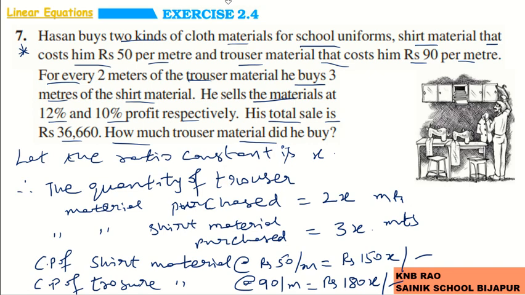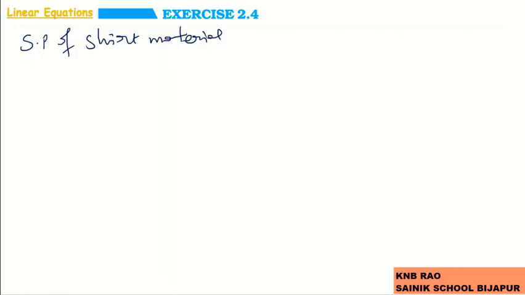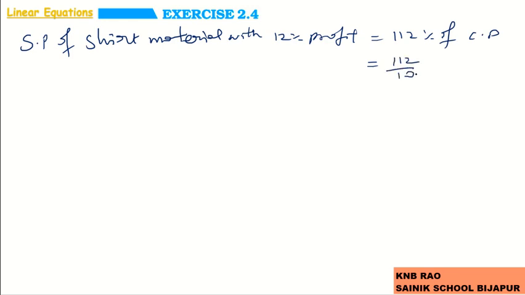Selling price of shirt material with 12% profit will be 112% of CP, where CP is 150x.